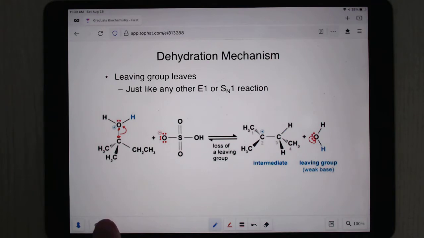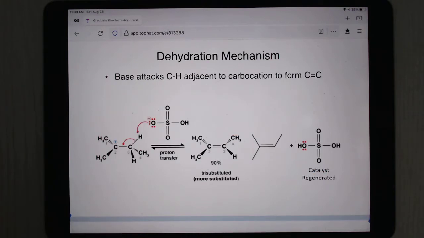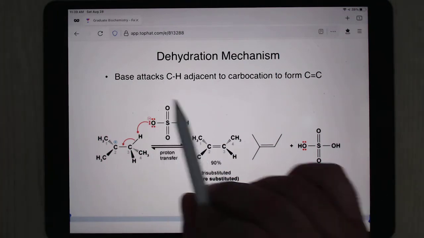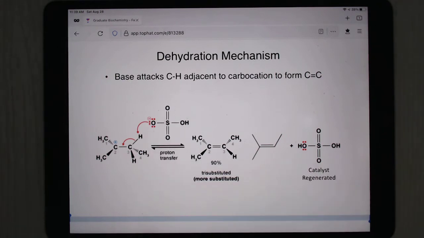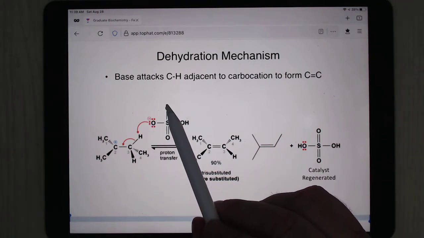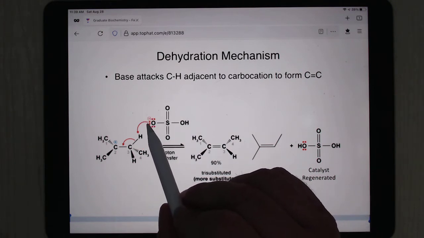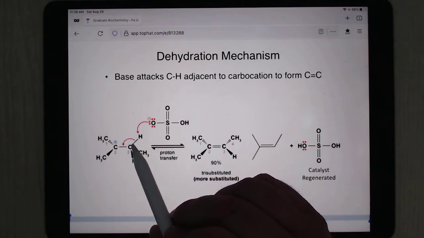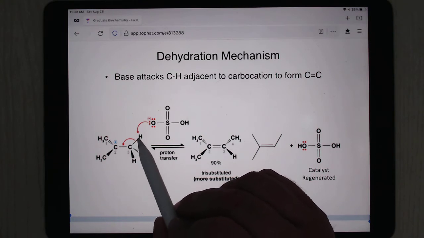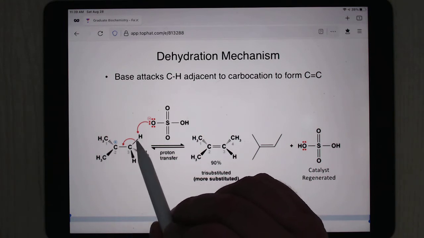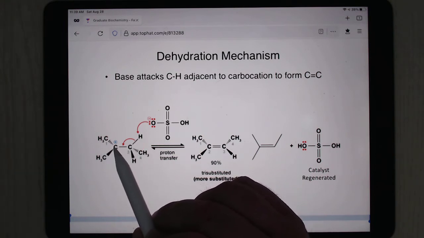Okay. Now, for an E1 reaction, we have to have something come in, and it's usually easier to think of it as the conjugate base from when that hydrogen came by. So it's going to grab that hydrogen, right? Because we weaken this CH bond here because those electrons are going to get pulled towards that positive charge.